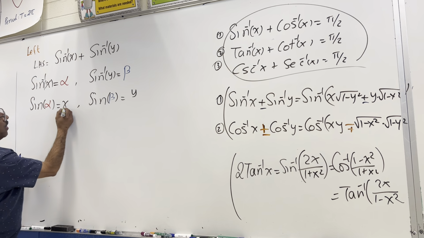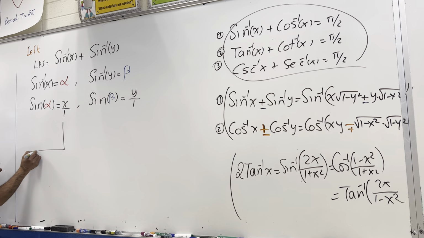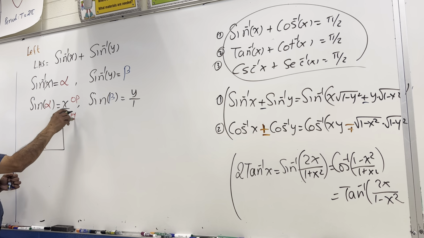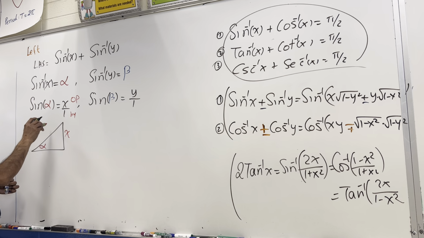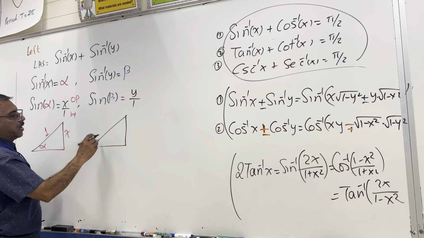Now, what is the meaning of x? It means x over 1. If we try to make a triangle like this, and this is the angle, this is opposite, so opposite over hypotenuse. So this will be our x, and the hypotenuse is going to be 1. And another triangle here is for beta.